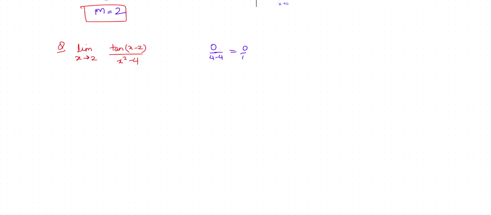So let's simplify it if we can. I converted tangent of x minus 2 to sine of x minus 2 over cos of x minus 2, and factorized x square minus 4 into x plus 2 and x minus 2.